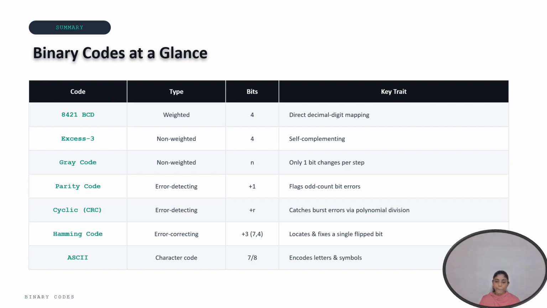P1, P2 and P4 parity bits locate and fix a single flipped bit. Last one is ASCII, a character code. All the digits, alphabets and special characters are patterned as 7-bit binary. Extended ASCII is 8-bit binary. The advantage is that it encodes letters as well as symbols.